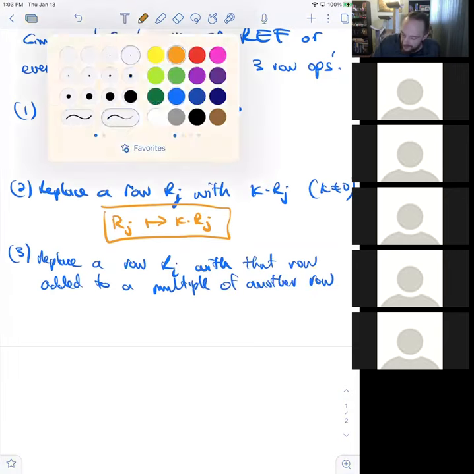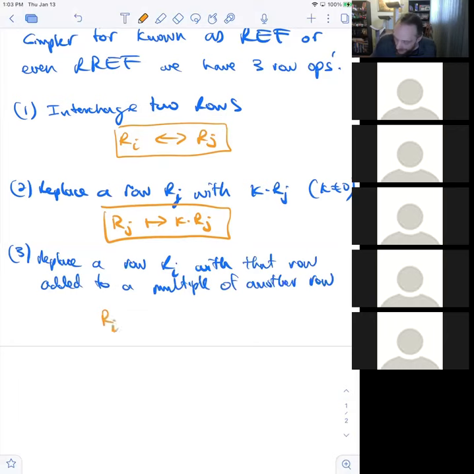So what is that going to look like in our notation? Row I will get replaced by row I plus K times row J. Those are the 3 row operations we're allowed to use.